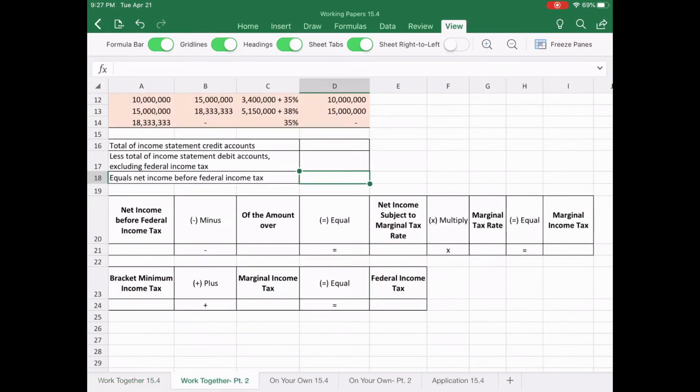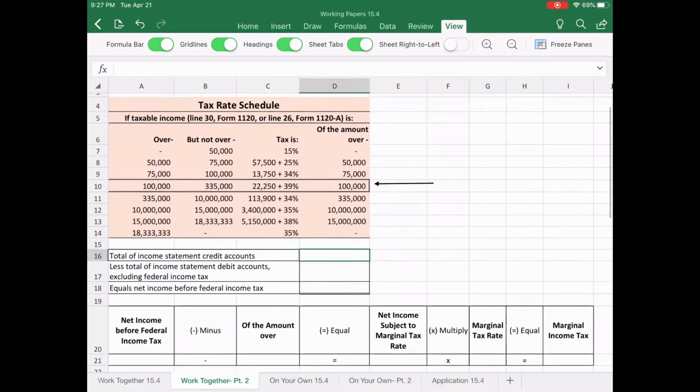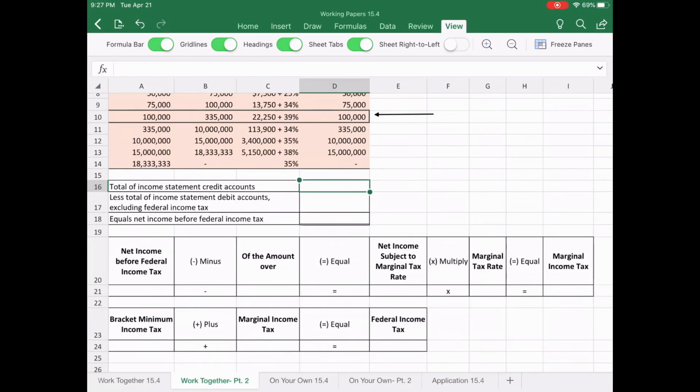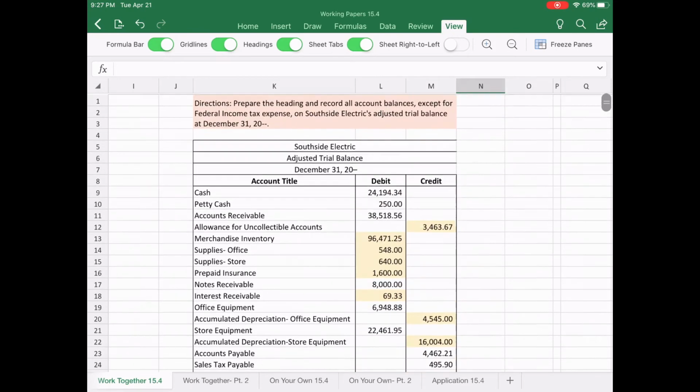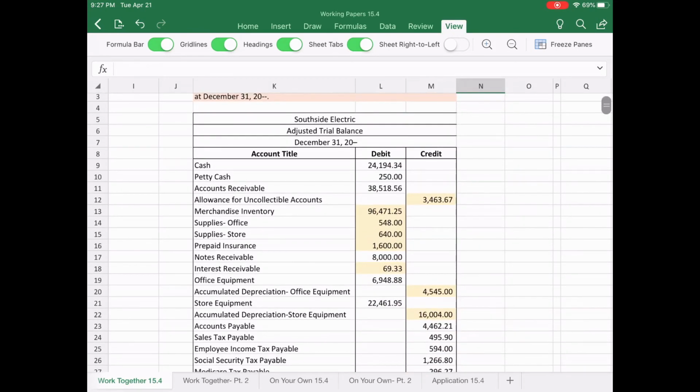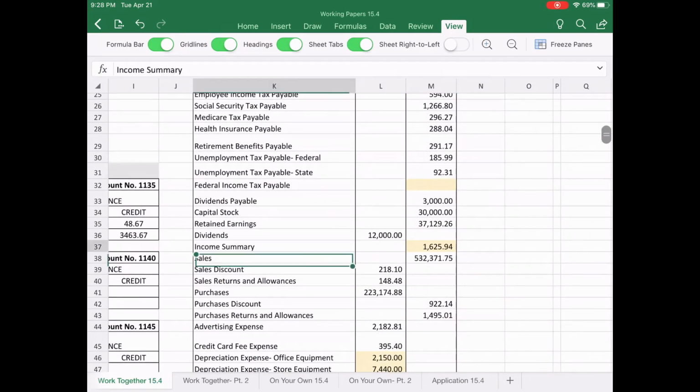Part 2, we have to come over here and fill in all of these formulas. D16 wants the total of income statement credit accounts. If we go over here and look at our adjusted trial balance, back whenever we did the worksheets for trial balances, we learned that all of the accounts from the word income summary down are all of our accounts reported in the income statement column.